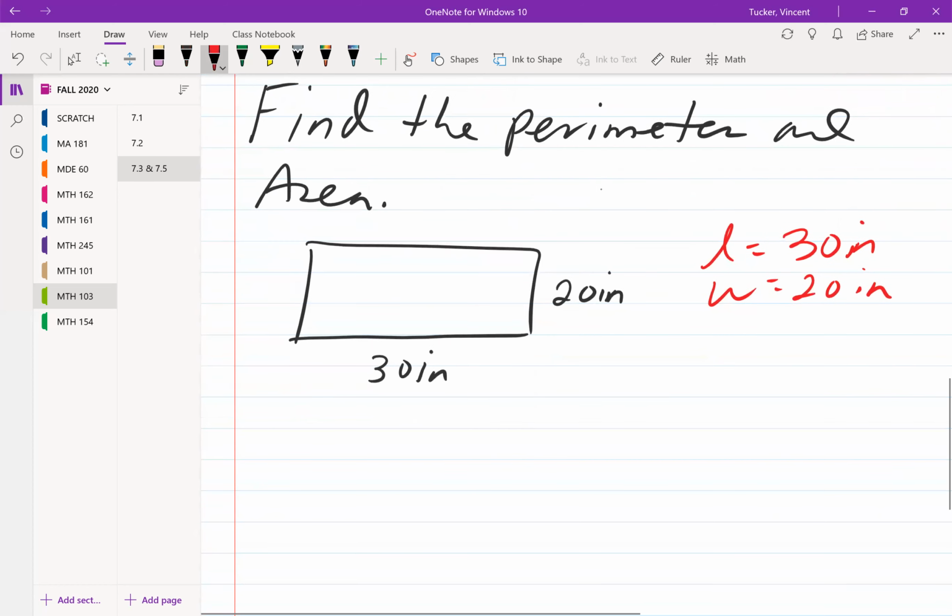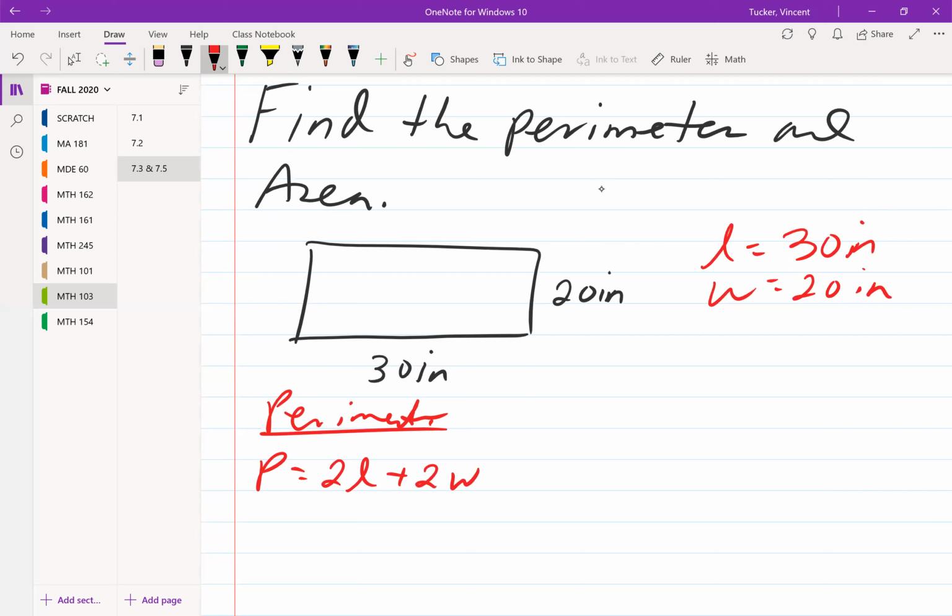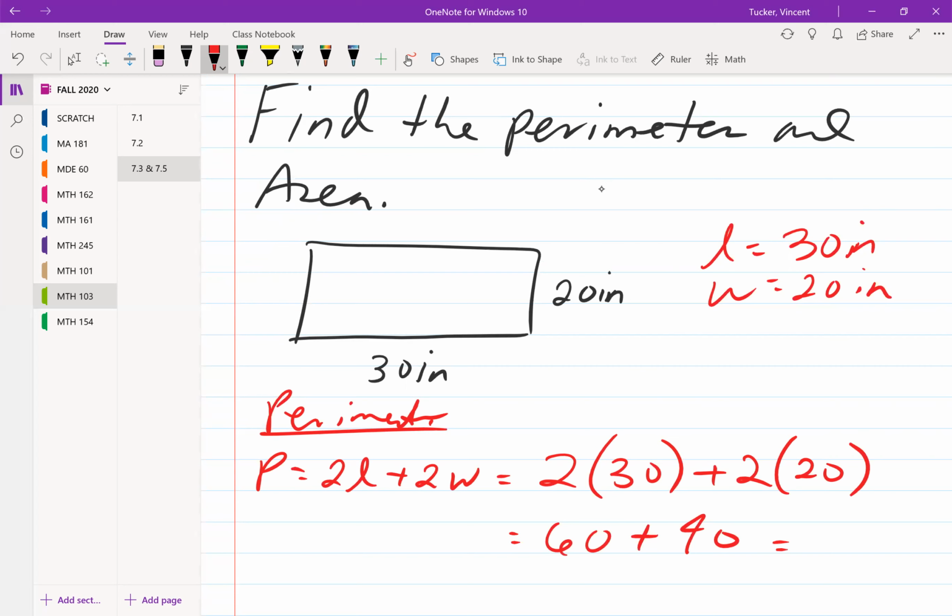All right, we can plug that into the formula for the perimeter. Our length is 30. So that's 2 times 30 plus 2 times 20. 60 plus 40, that would be 100 inches.